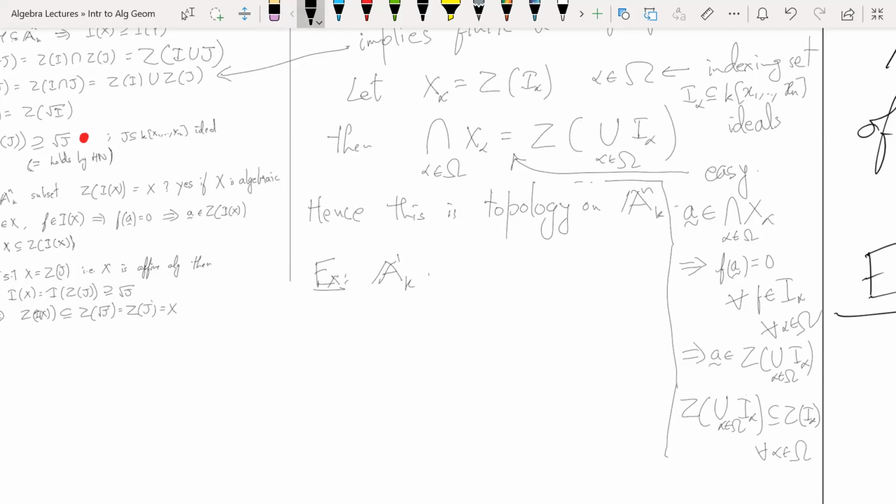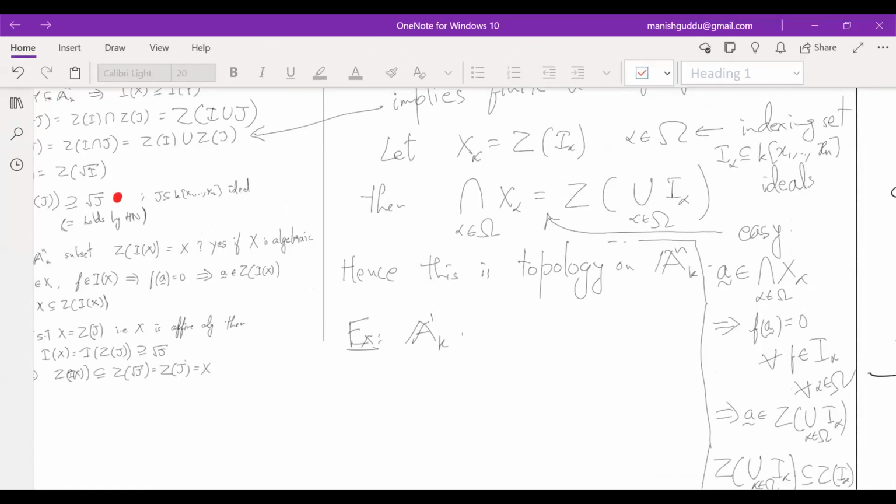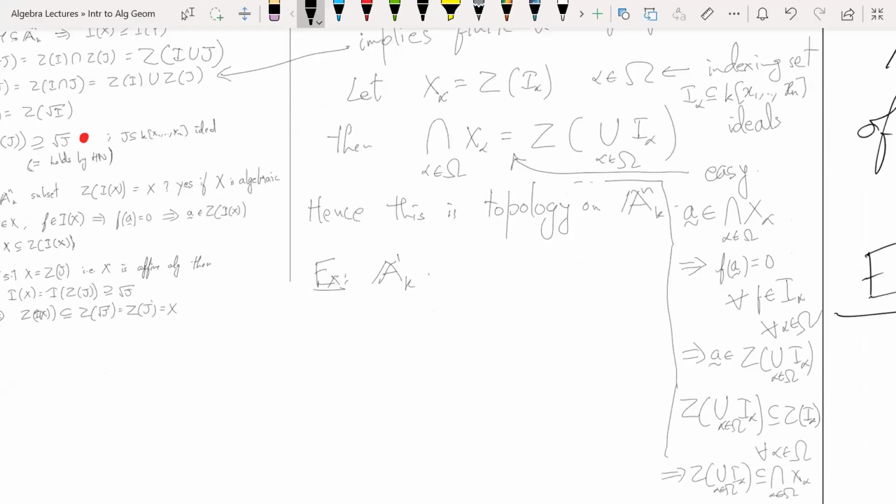The inclusion reversing tells you this holds, which implies Z of the union of I alpha, alpha in omega, is contained in the intersection of these, since Z of I alpha is the same as X alpha. So you get both inclusions. Is that okay?